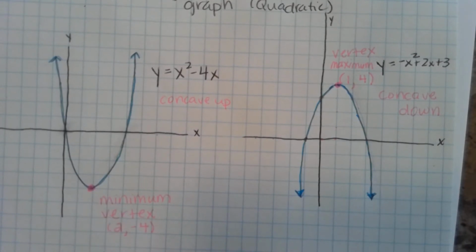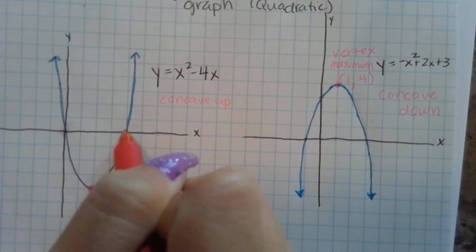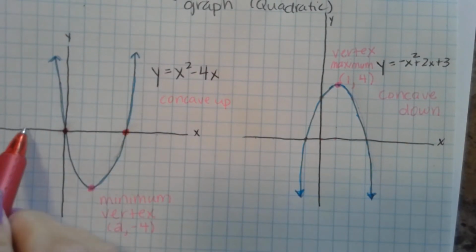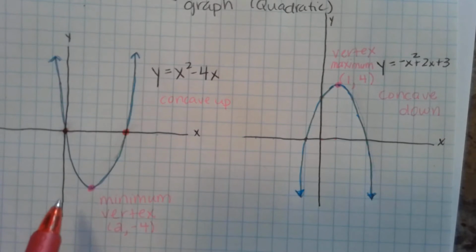Okay, now something else about this graph, and I see our roots. Roots always hit on our x-axis, here and here. So if I follow my x-axis, it hits here and here.